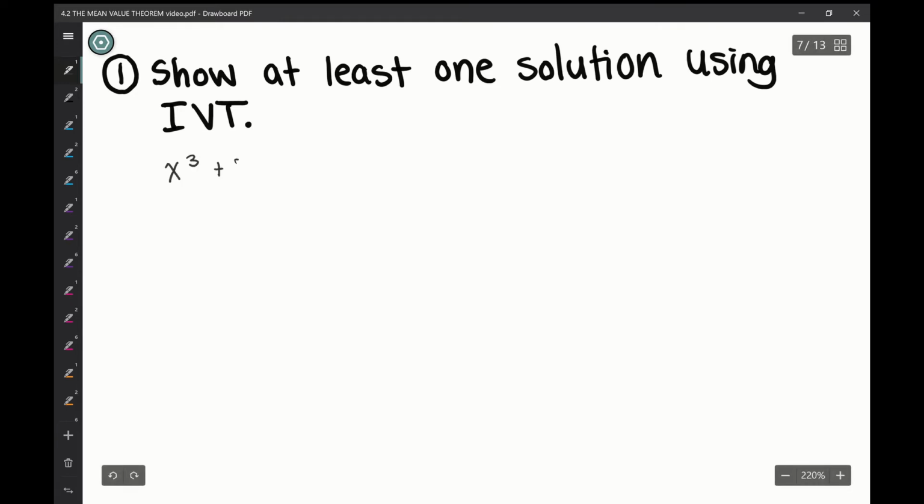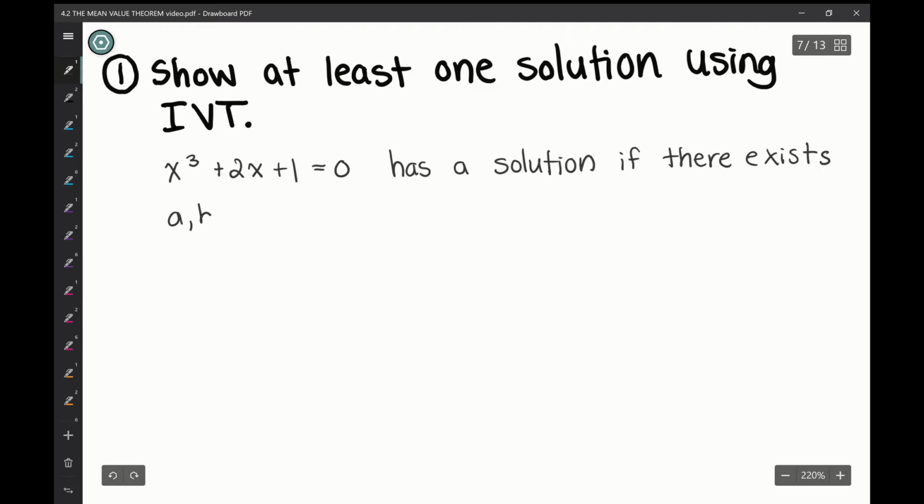So x cubed plus 2x plus 1 equals 0 has a solution if there exists two numbers a and b such that we end up on either side of that 0. So, such that f of a is greater than 0 and f of b is less than 0.